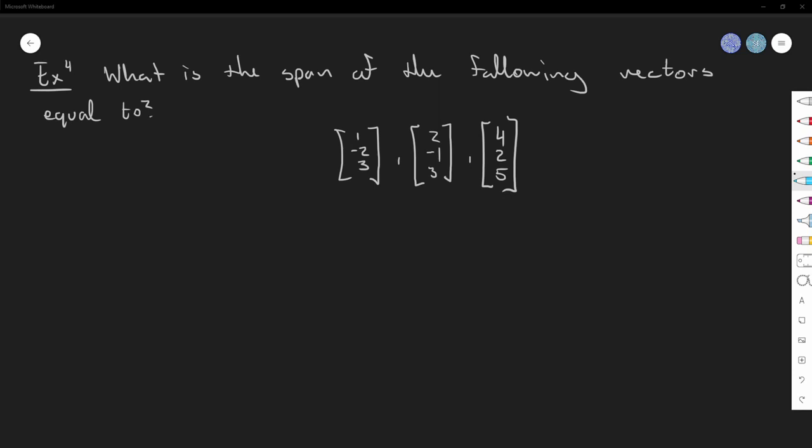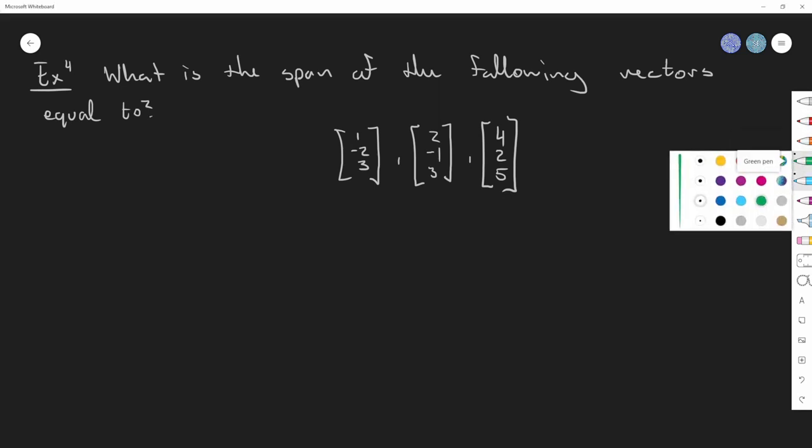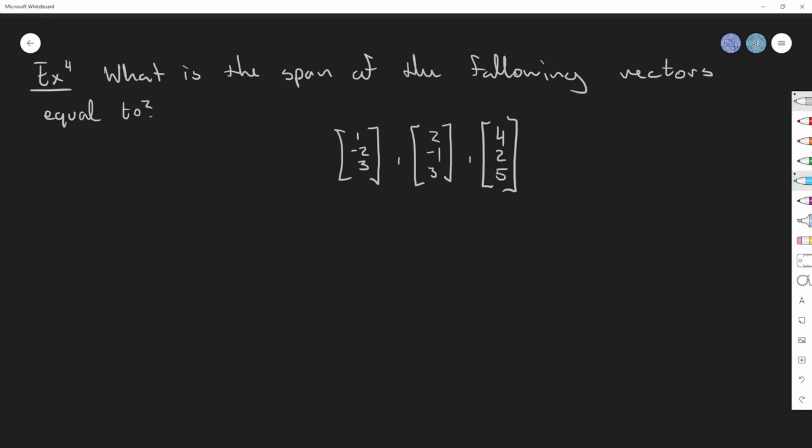This question is going to ask us, what is the span of the following vectors equal to? If you recall in the lectures, if we want to find what a vector spans, we basically have to see the dimensions.